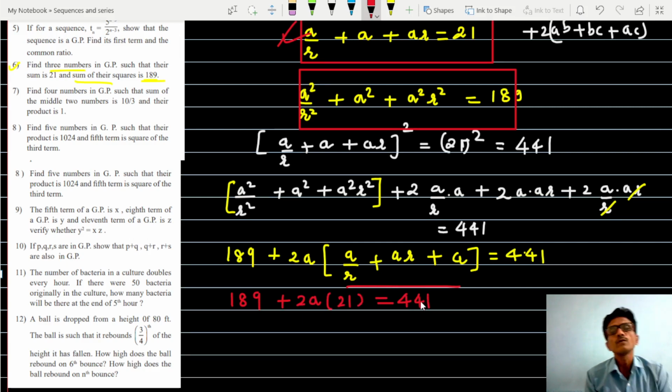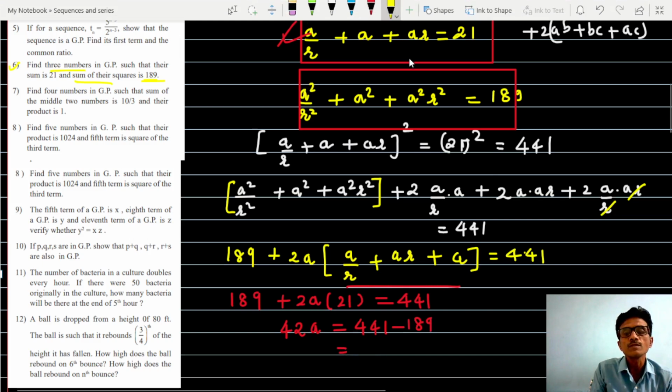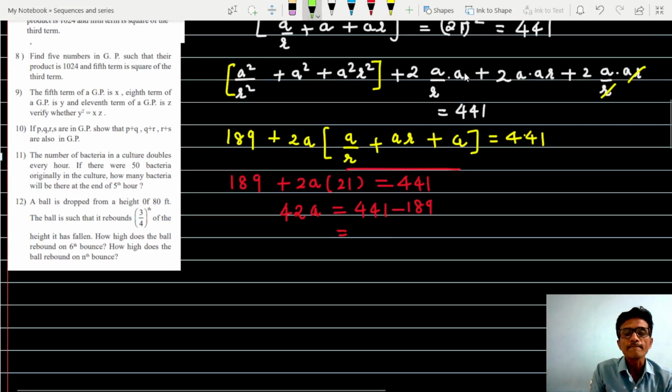Then 42A will be equal to 441 minus 189, which is equal to 252.